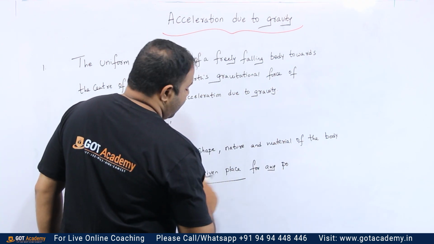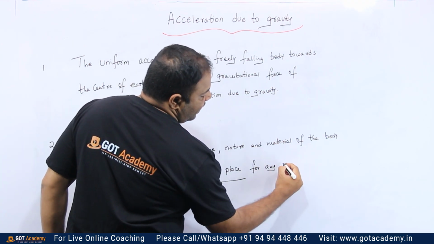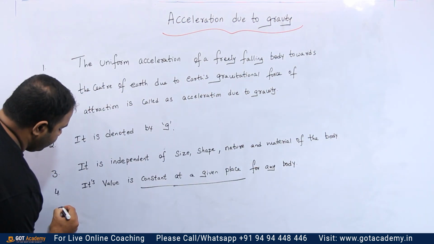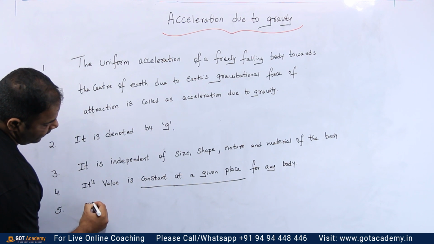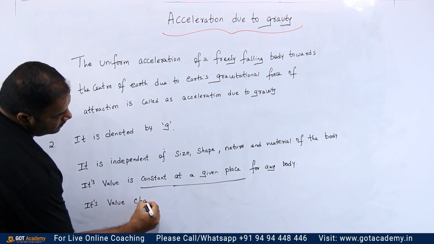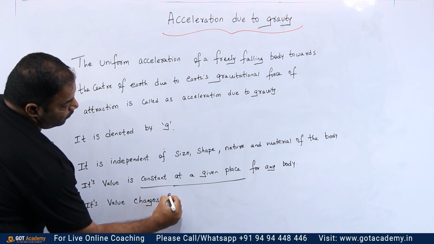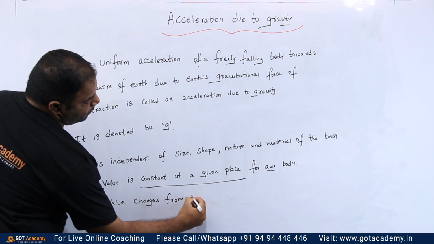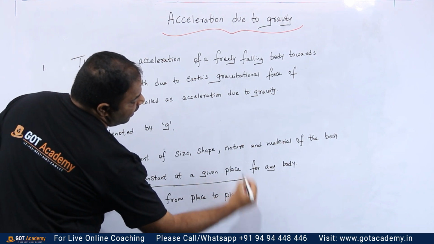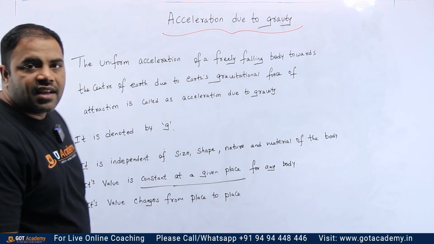Constant at any given place for any body. Next one, its value changes from place to place. So here I have to tell you clearly, place to place I am saying its value is changing.